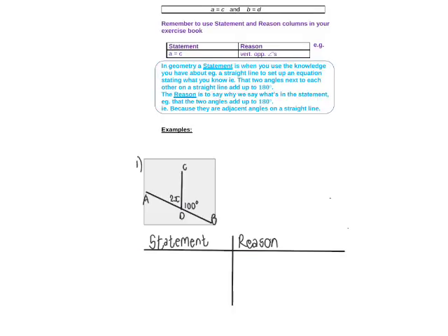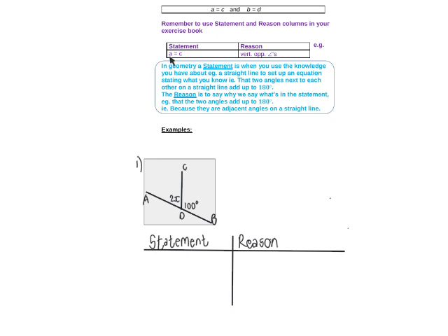The next thing, remember to use statement and reason columns in your exercise book. The statements that were supposed to be on the previous page are here at the top, but I've already written them in for you. So here's an example of how you use the statement reason block, but I'm also going to illustrate that in the examples.